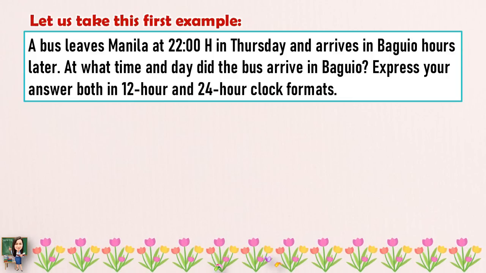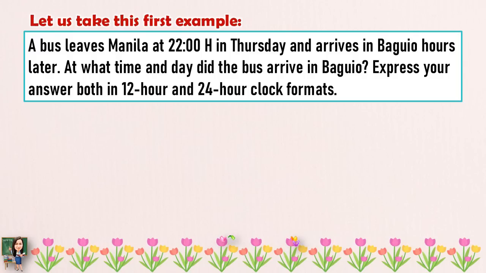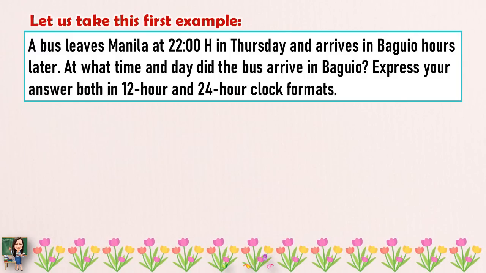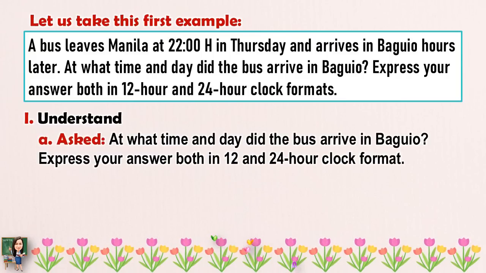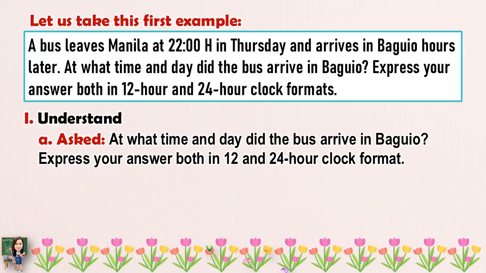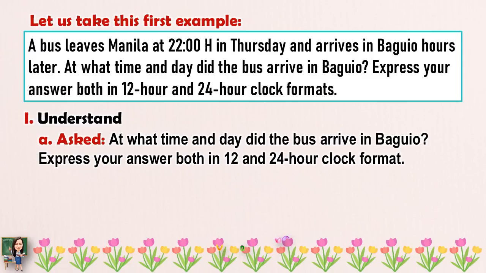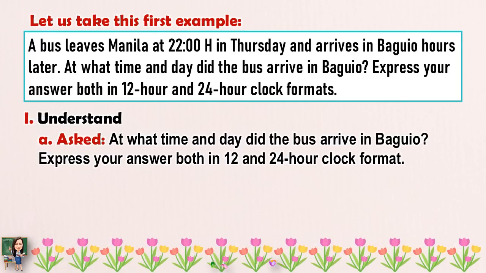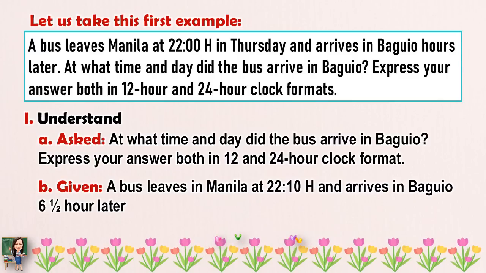In this problem, we will use the 4-step problem-solving process. The first step is to understand. Letter A, what is asked in the problem? At what time and day did the bus arrive in Baguio? Express your answer both in 12-hour and 24-hour clock formats. And letter B, what are given?